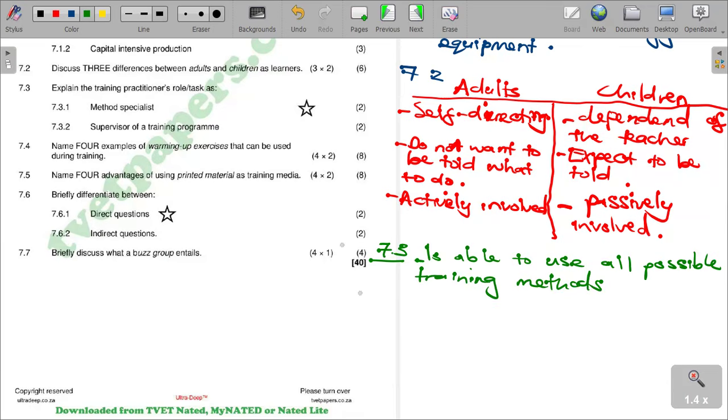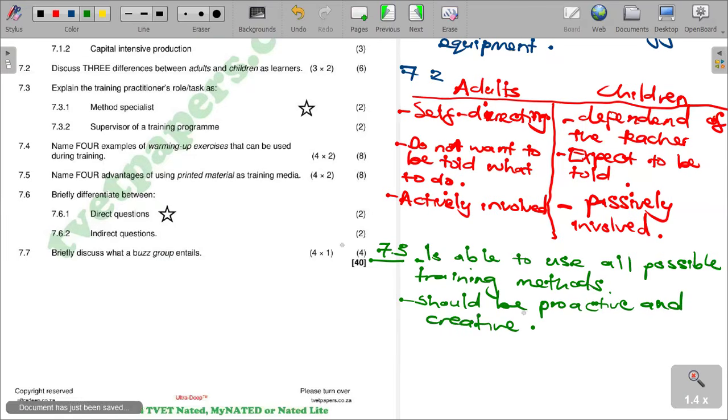And also should be proactive and creative, right?